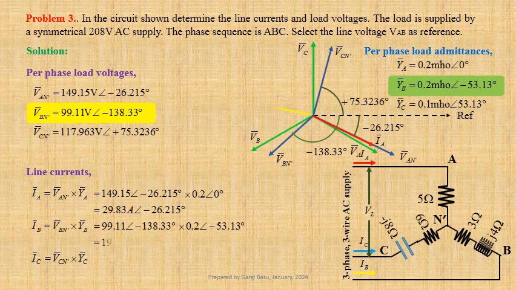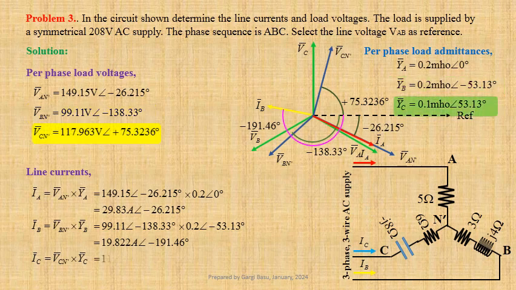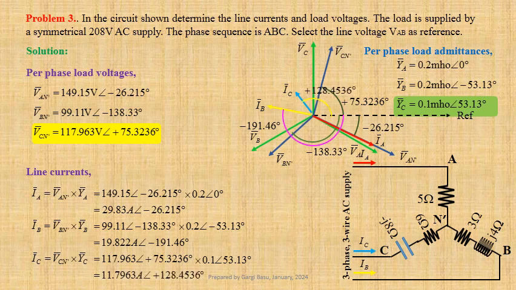That gives us 19.822 ampere at an angle minus 191.46 degree, and IC equals 117.963 at an angle plus 75.3236 degree into 0.1 at an angle 53.13 degree. That gives us 11.7963 ampere at an angle plus 128.4536 degree.